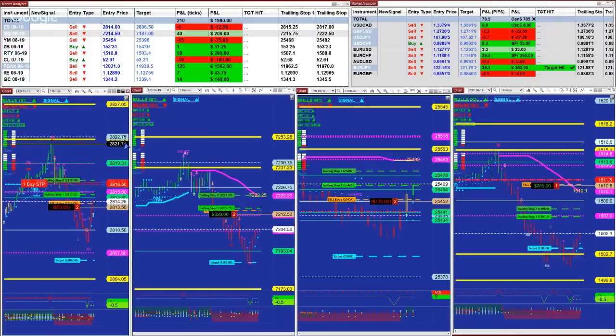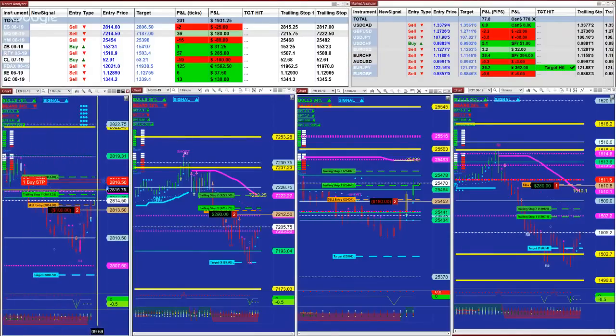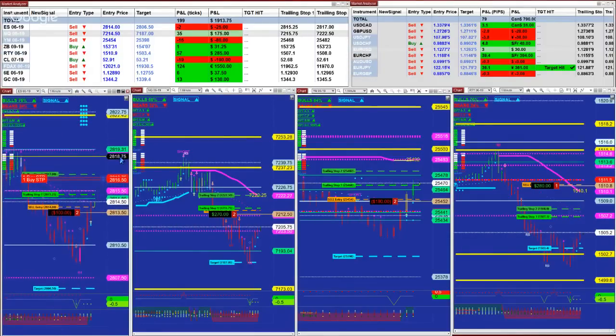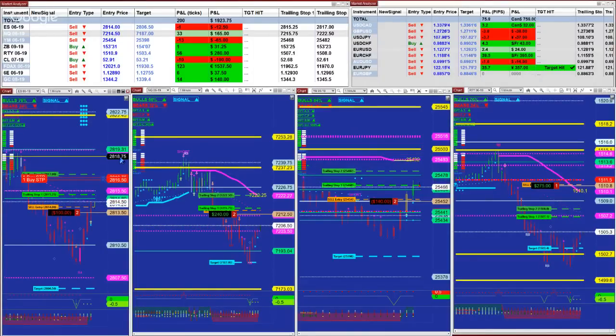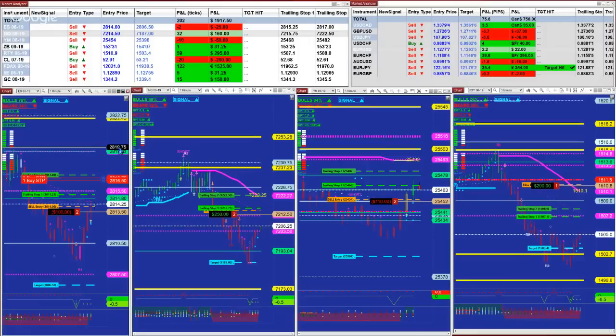So right now, this is an advantage when you see a pullback like this. You just wait a few seconds. Normally we start at 10 o'clock.